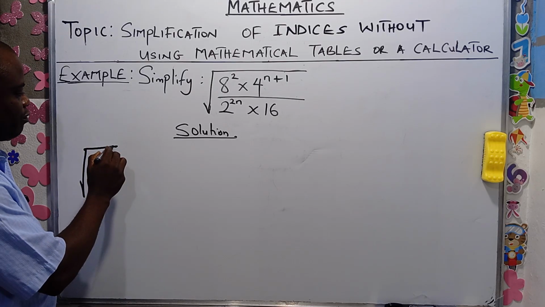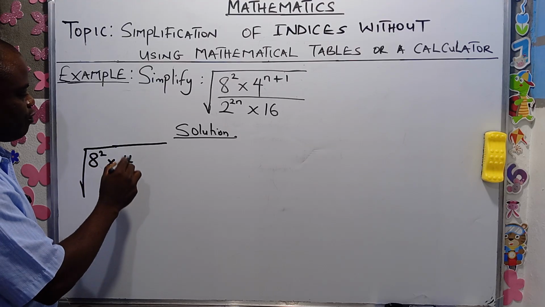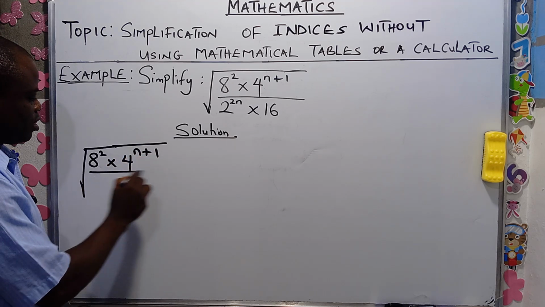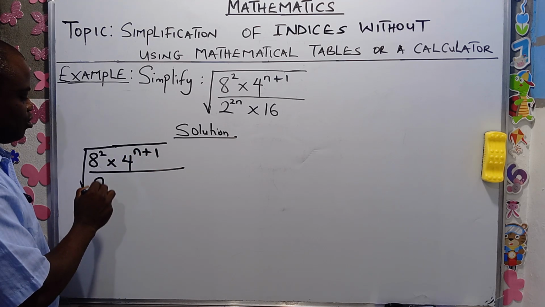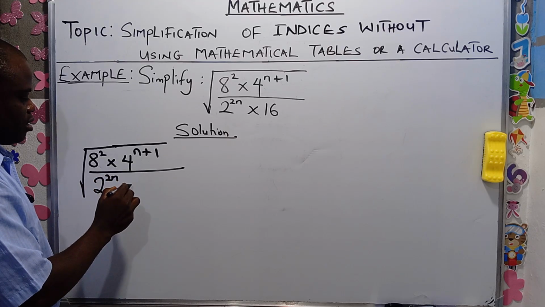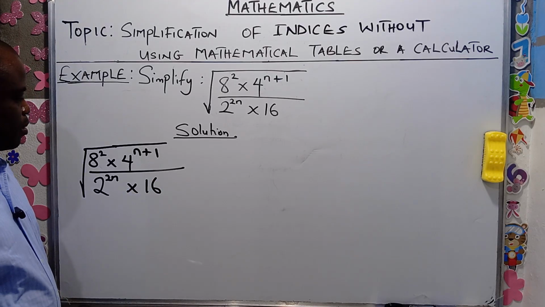Square root of 8 squared multiplied by 4 raised to power n plus 1, divided by 2 raised to power 2n times 16. That's the question.